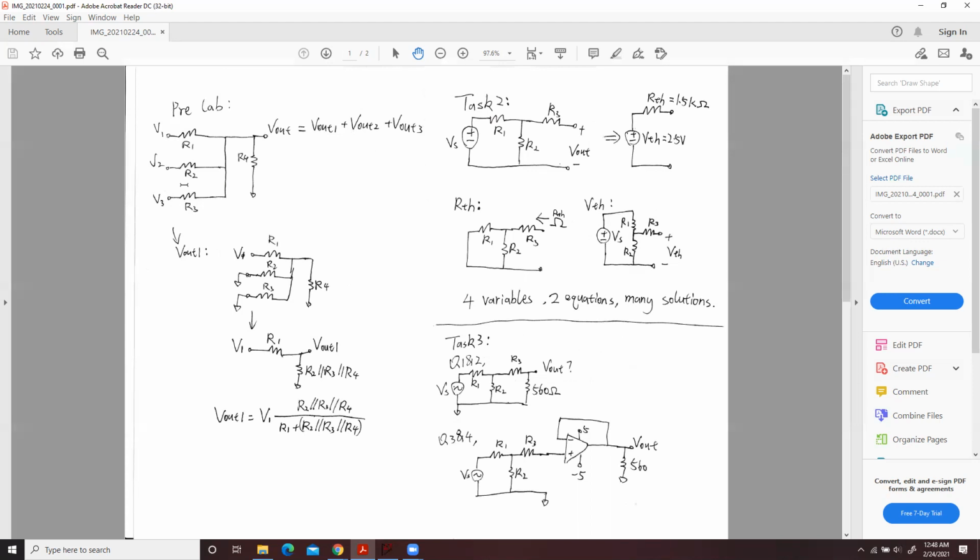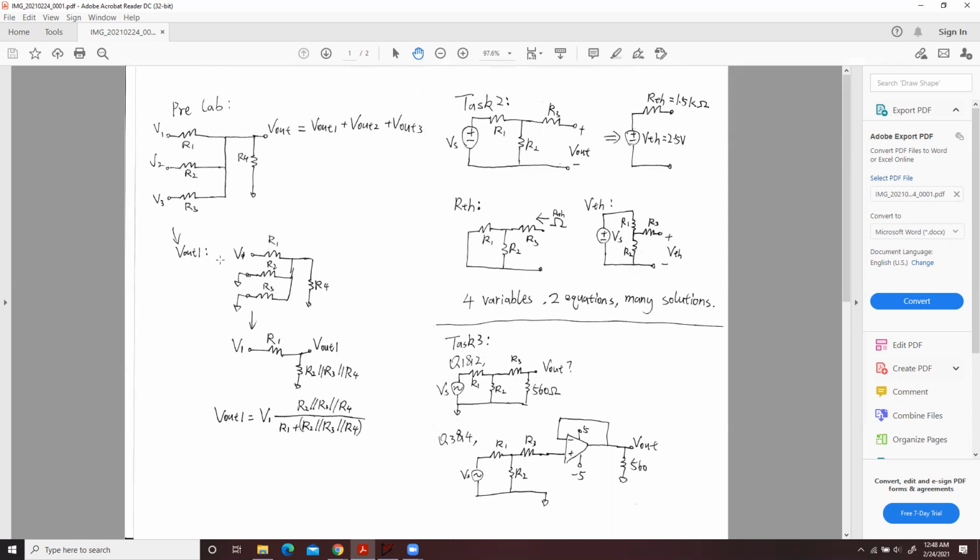Firstly, let's calculate V1. V1 corresponds to Vout1. In that case, only V1 is the voltage source, so don't forget you need to ground V2 and V3.